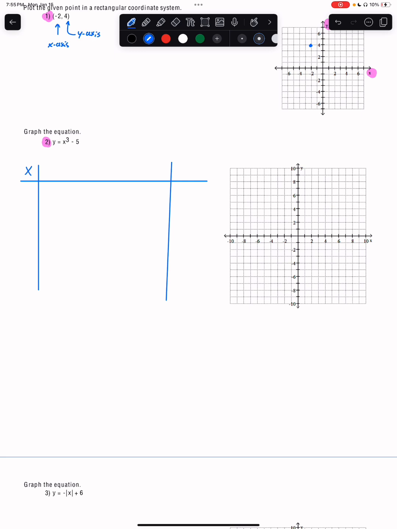Whatever we plug in for x is going to go here. We want to make sure we have both negative and positive values and the 0. That way we get a good distribution of points. So anytime you have to graph the equation like this, I just use the set of points -2, -1, 0, 1, and 2.